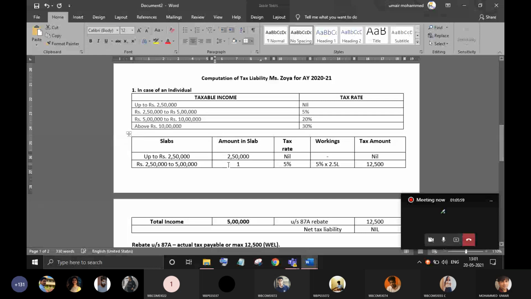Tax at 5%, 5,000. So that's the final answer.